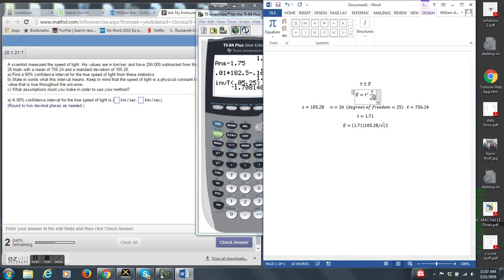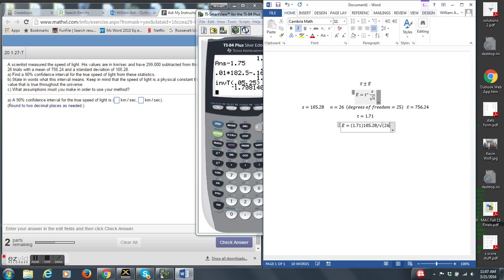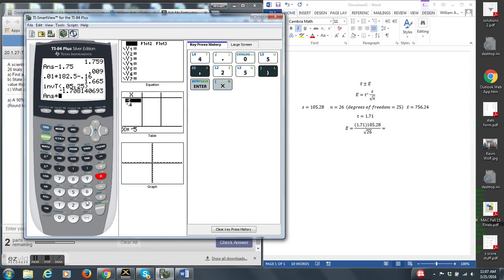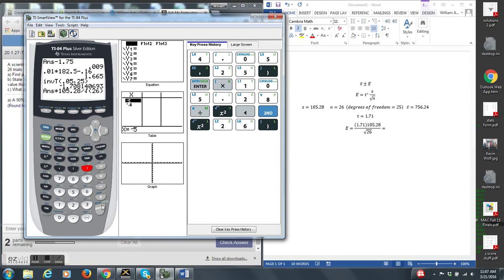Oh, because of negative. Okay, I just get rid of the negative. So my error is 35.27.